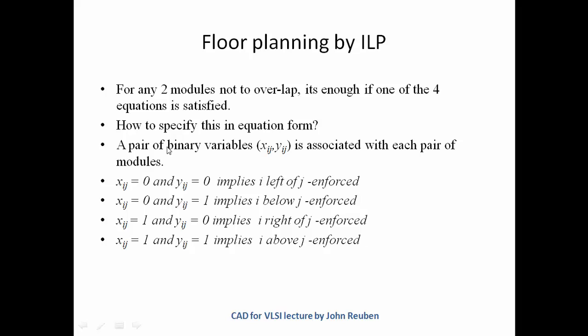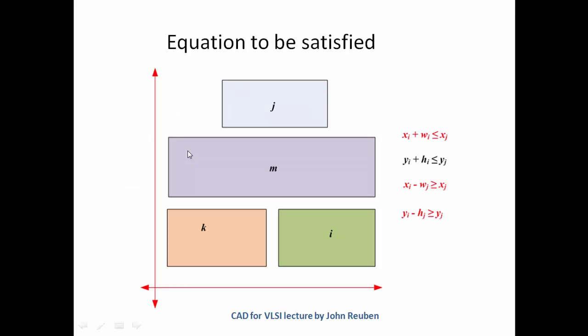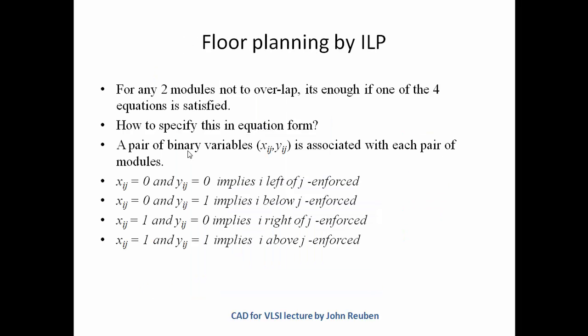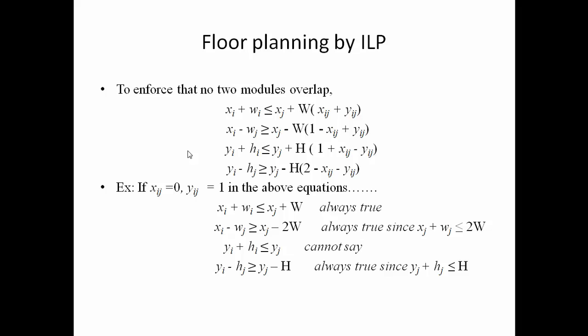Now we can write these four equations which we just saw in a mathematical form to make this happen. That is, to make sure that it is enough if one of the four equations is satisfied, I can write the four equations which we just saw in this format.